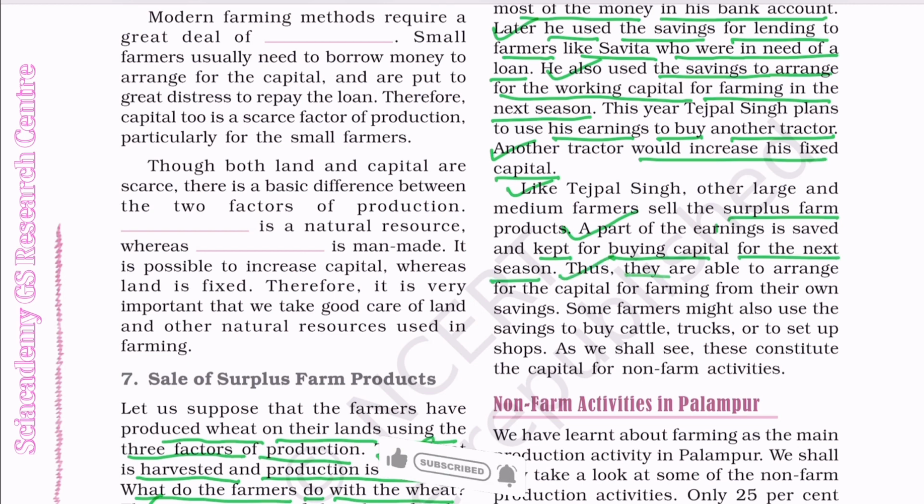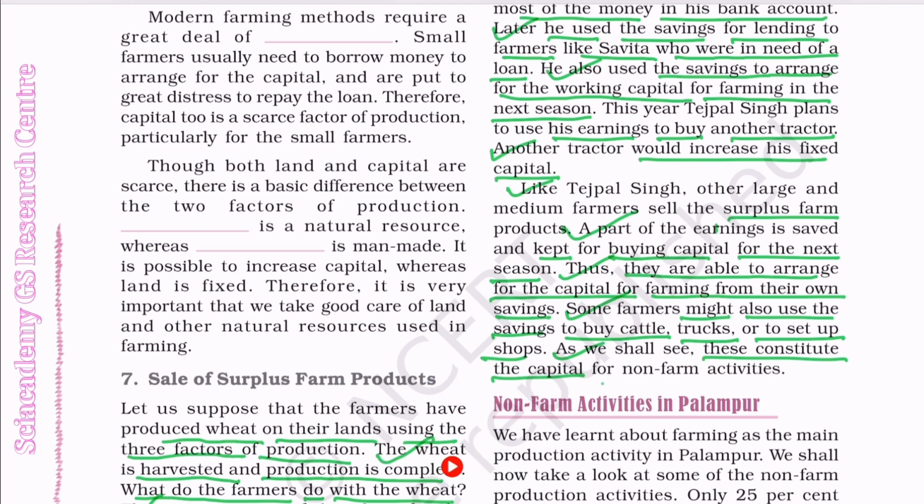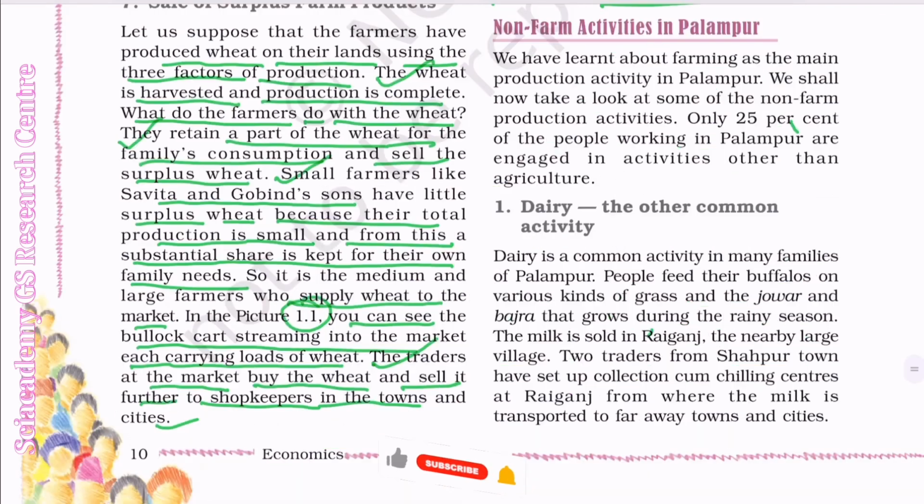Thus, they are able to arrange for the capital for farming from their own savings. Some farmers might also use the savings to buy cattle, trucks, or to set up shops. As we shall see, these constitute the capital for non-farm activities.